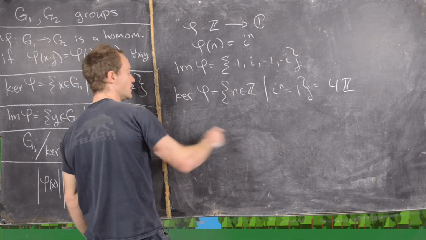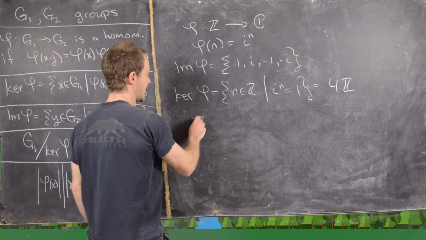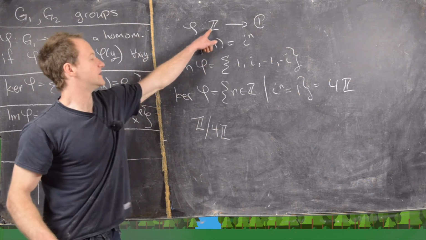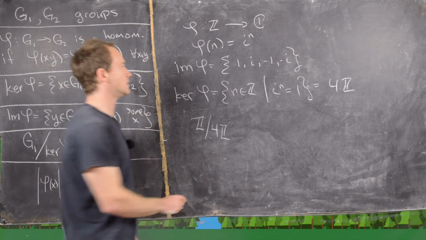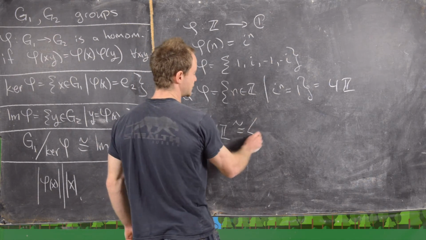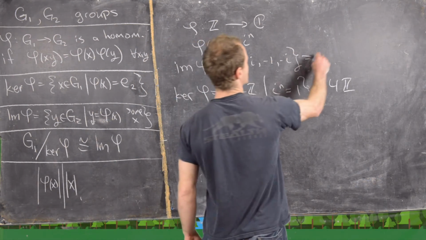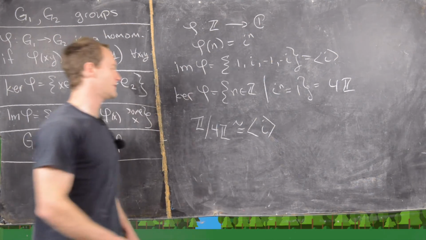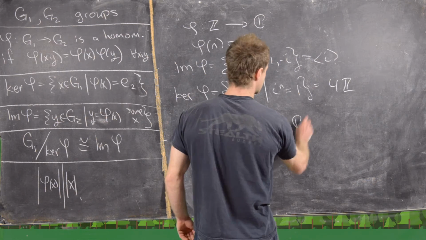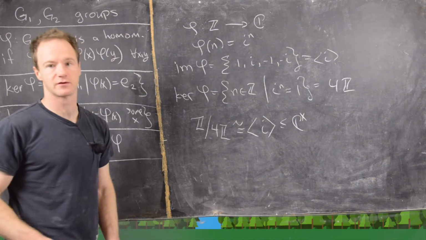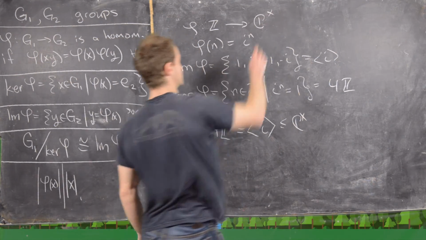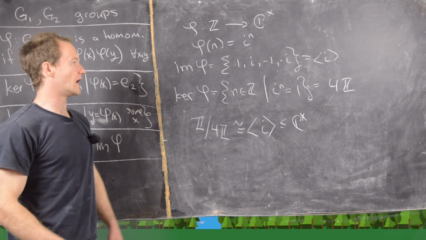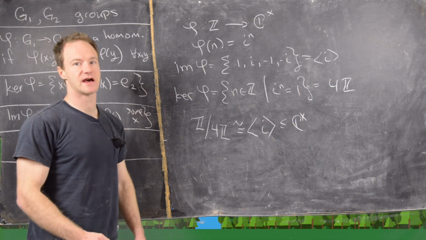So notice that what we get out of this is that Z mod 4Z, in other words, the domain mod the kernel, is isomorphic to this cyclic subgroup generated by i, which is equal to the image of phi, and that's inside this multiplicative group of non-zero complex numbers. Okay, good. So we're going to do a related example of this now.